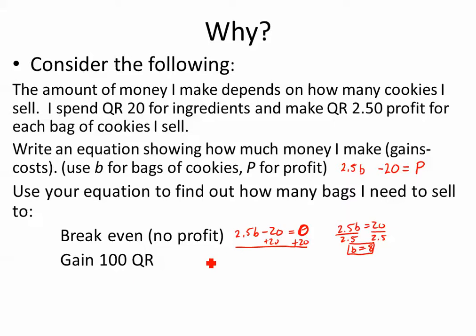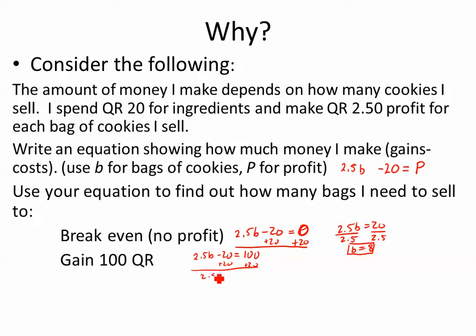Okay, so I'm going to do exactly the same thing. I'm going to go 2.5b minus 20 equals, but this time I want to gain 100 Riyals. So I don't want my profit to be 0, I want my profit to be 100. And so again, I'm going to add the 20, and then I'm going to continue from there.